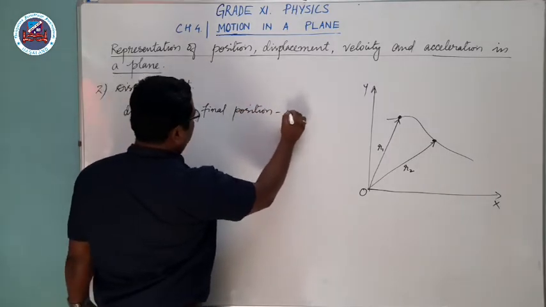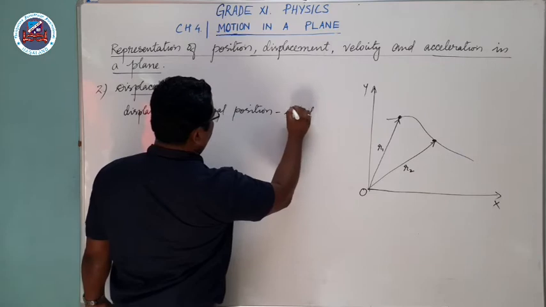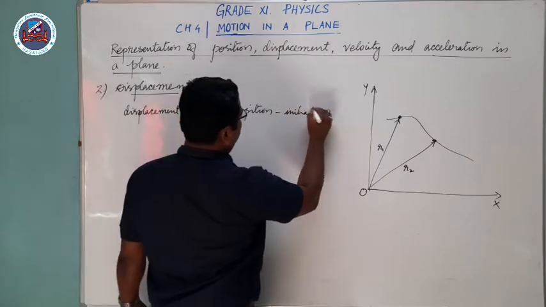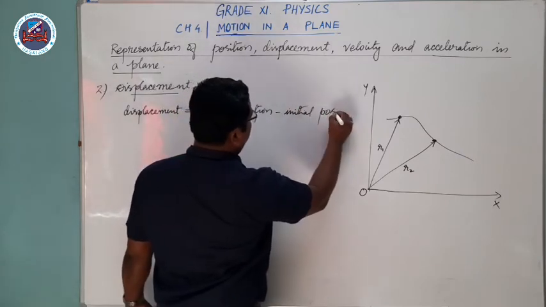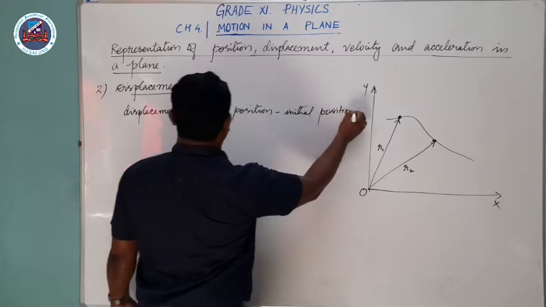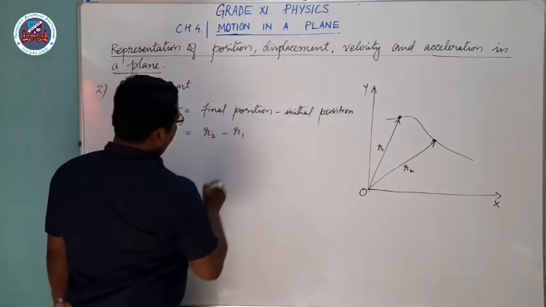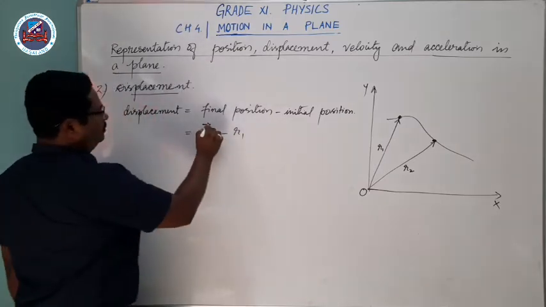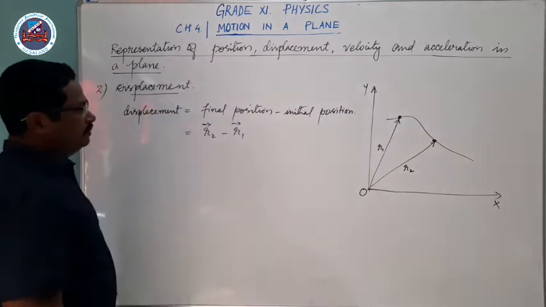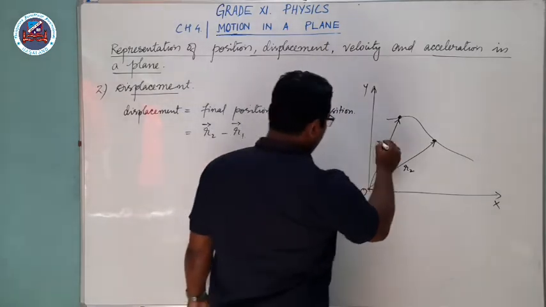In terms of vectors, displacement is R2 minus R1.